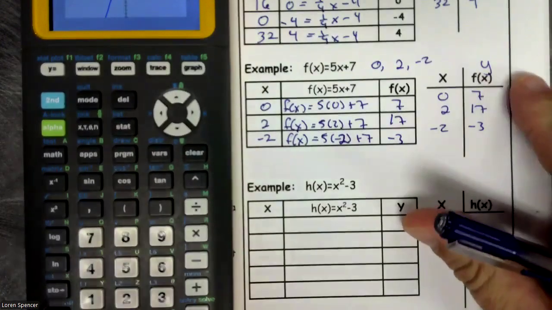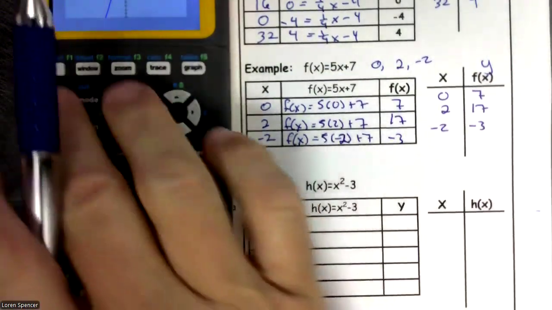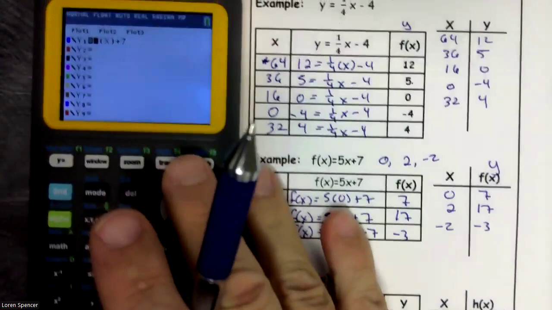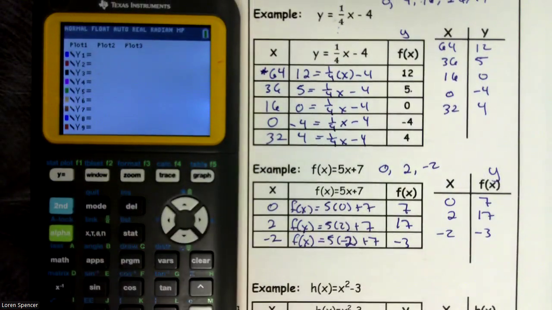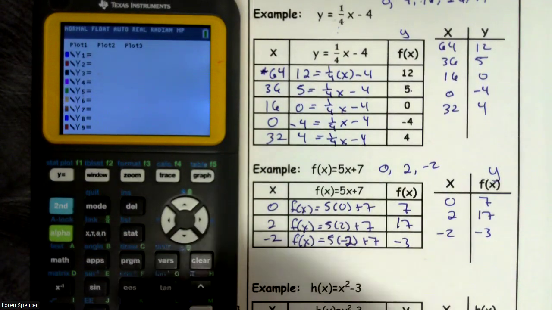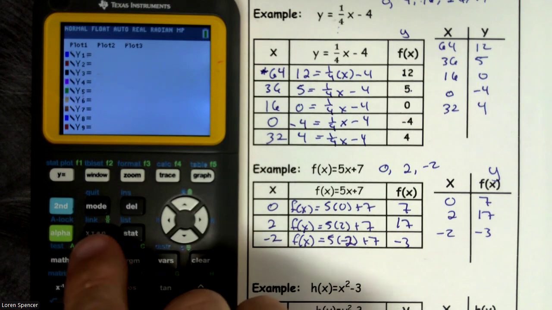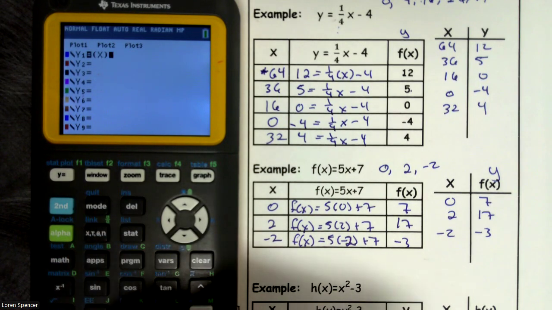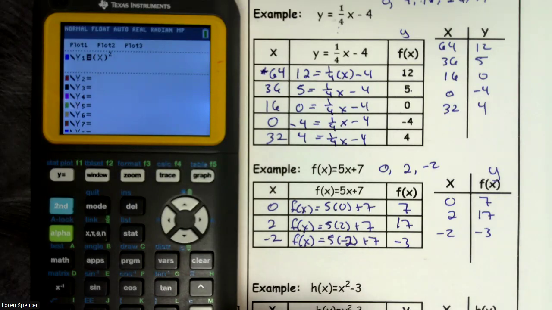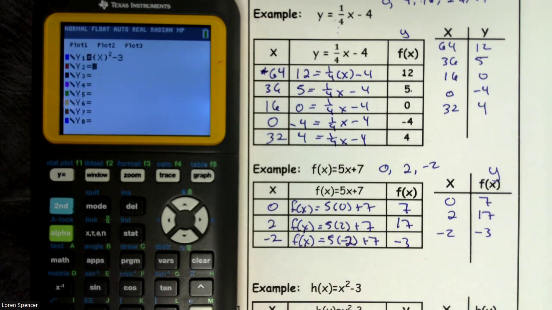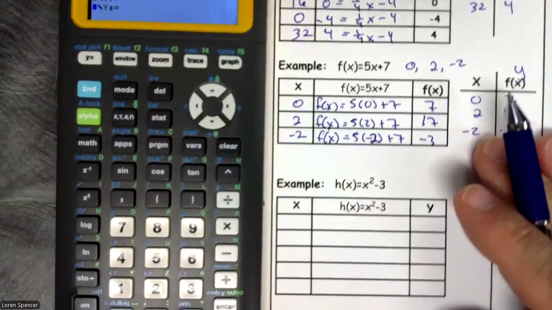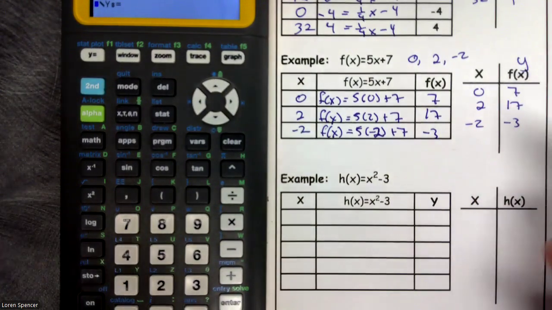All right, here we have an exponent. So we're going to press the y equals button again. We're going to press clear. And we're going to go parenthesis x, close those parentheses, and we're going to square it, minus 3. All right, once again, we always want to have some positives and some negatives.